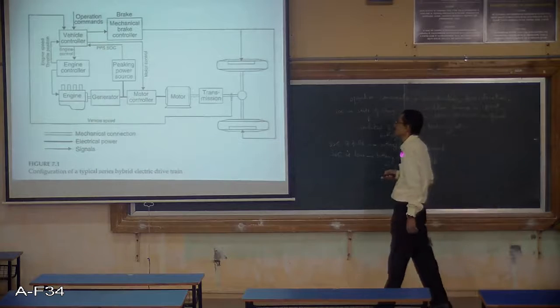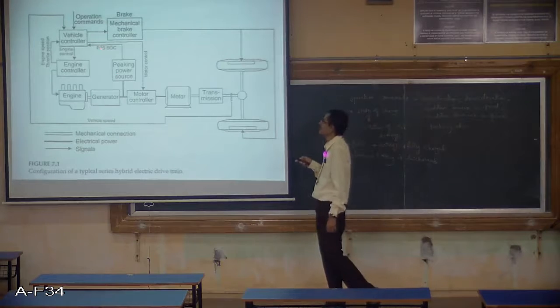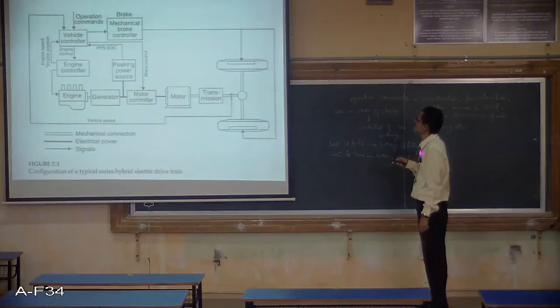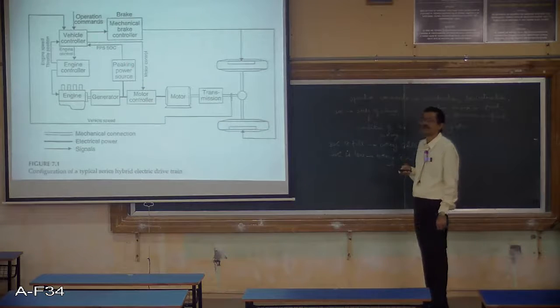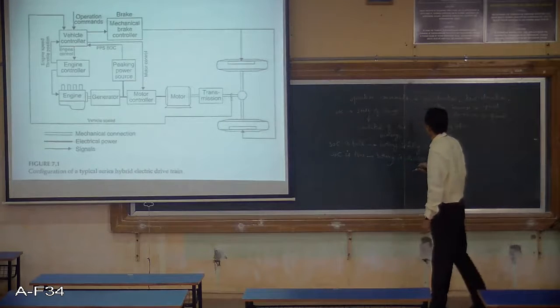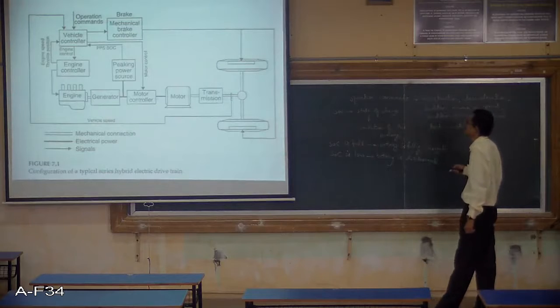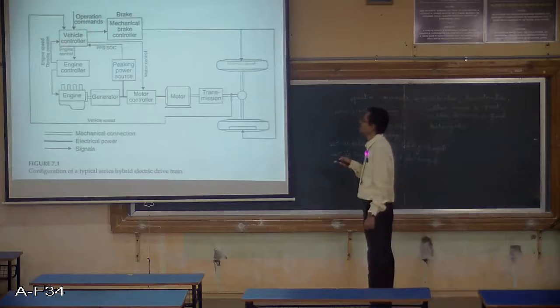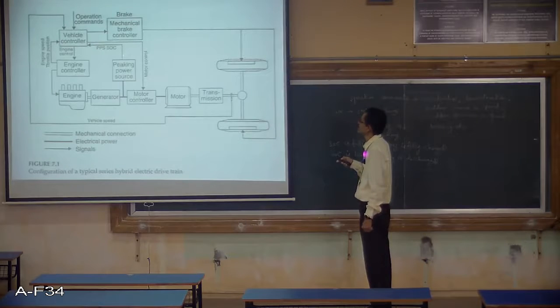So the vehicle controller must see that at all times the peaking power source is at full state of charge. So that is nothing but SOC is full. So this kind of control is always required. That is why the vehicle controller must have an input signal related to the state of charge for the peaking power source.